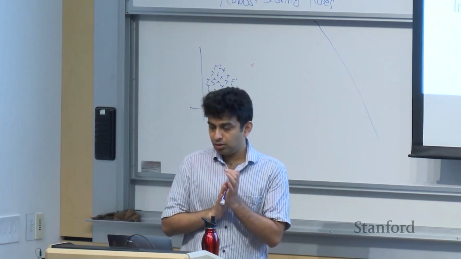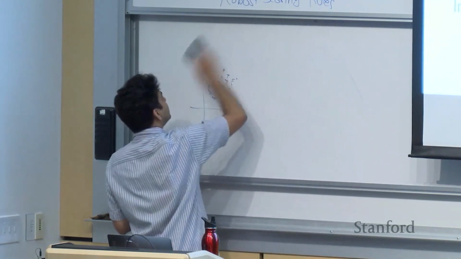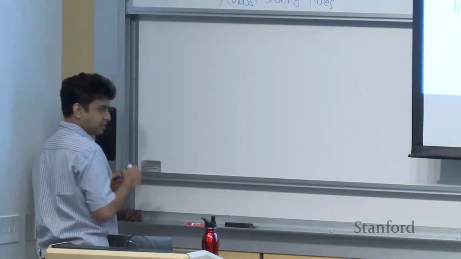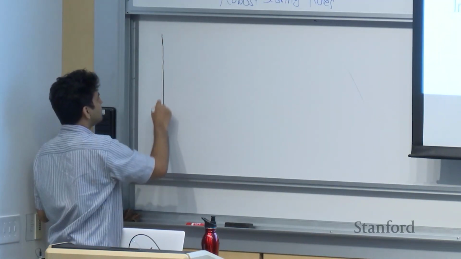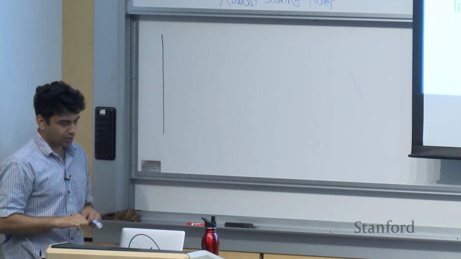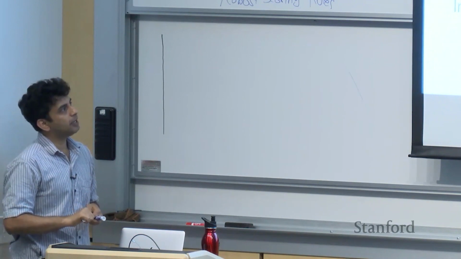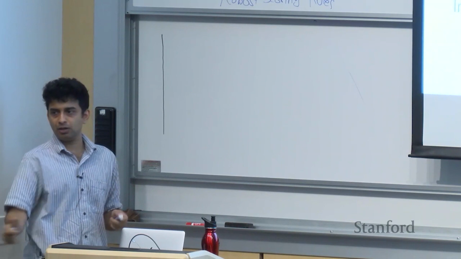AUROC. Let's see how the AUROC can break down. Say you have examples that are ranked like this. Suppose you are in a credit card fraud detection scenario. You want to build a classifier that, given a credit card transaction, classifies it as fraudulent or not.